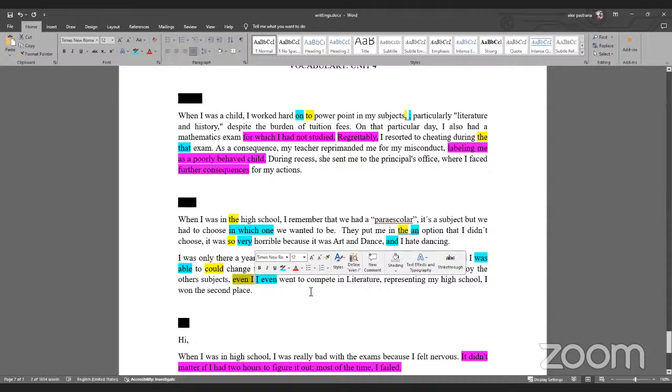It isn't grammatically wrong, but the most common version of this would be with this temporary adverb before the main verb. So keep this in mind. I even went to compete in literature representing my high school, and I won second place.